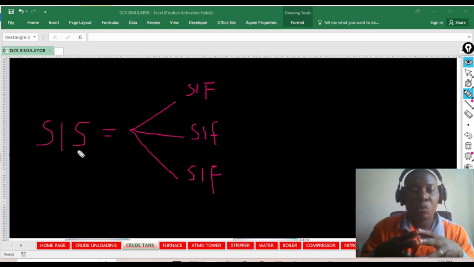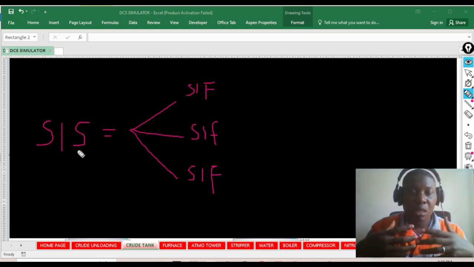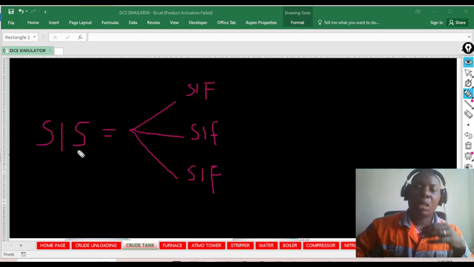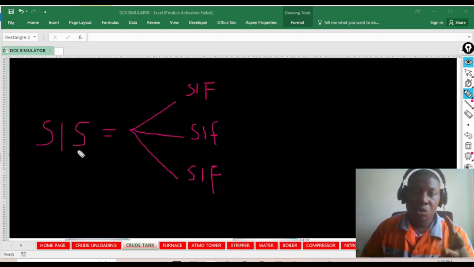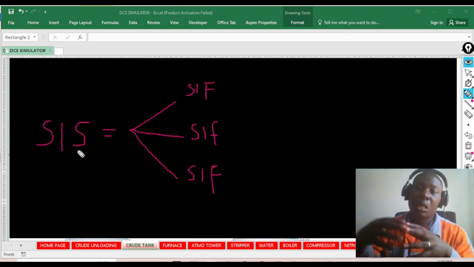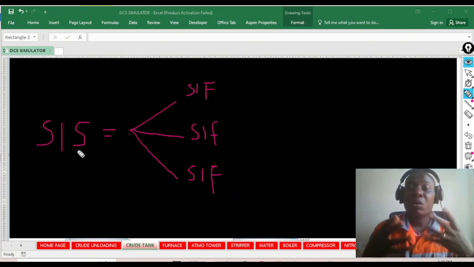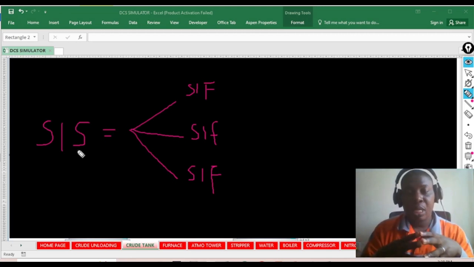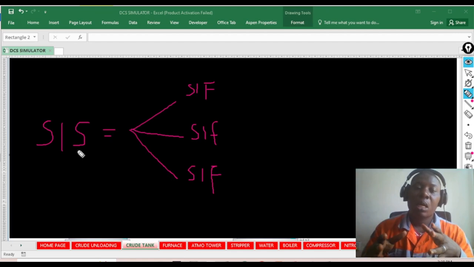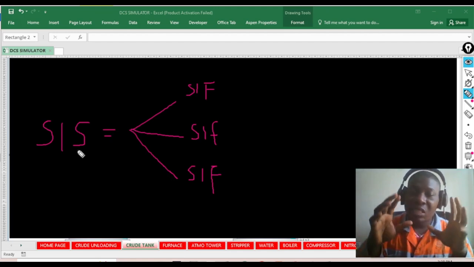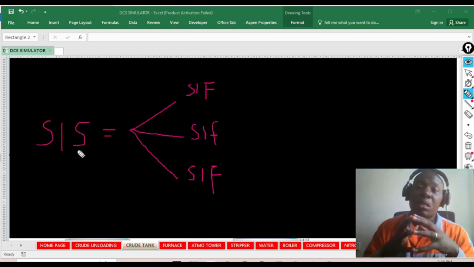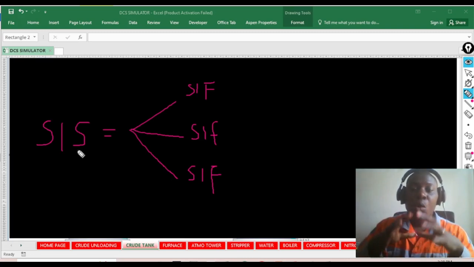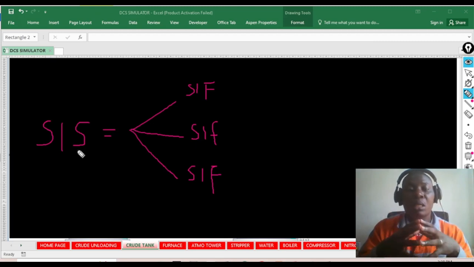Before we go to SIF, let me bring it back to our operations. In oil and gas or petrochemical plants, we have a lot of activities that are conducted day in, day out. Most of these activities can result in what we call a catastrophic incident. Now, how do we curtail these incidents? How do we reduce these catastrophic incidents in the refinery?